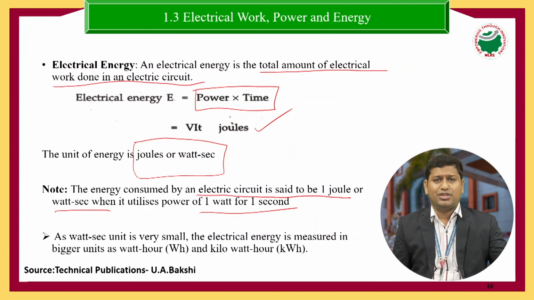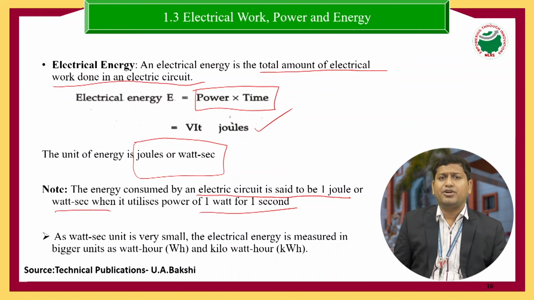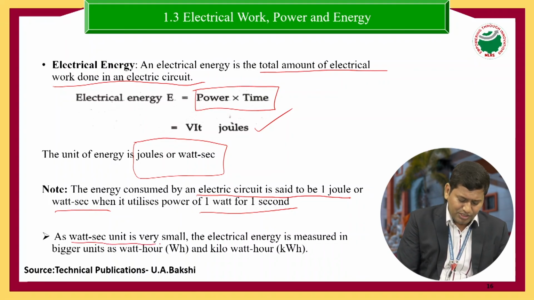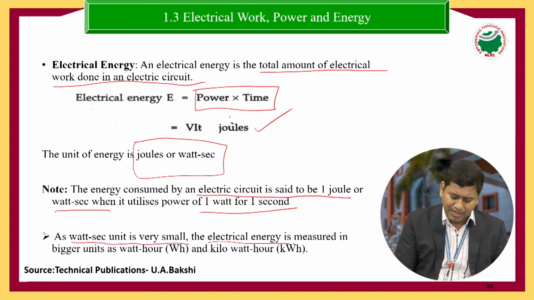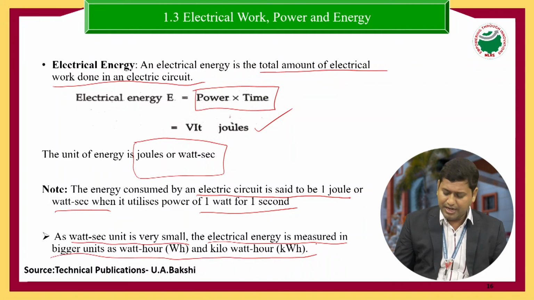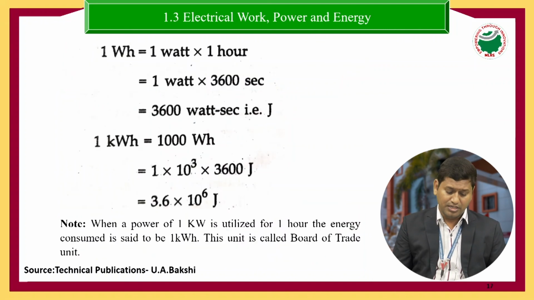Same, the unity proportion we are bringing on from work, power and energy. As the watt second unit is very small, electrical energy is measured in bigger units, like watt hour and kWh, that is kilowatt hour.